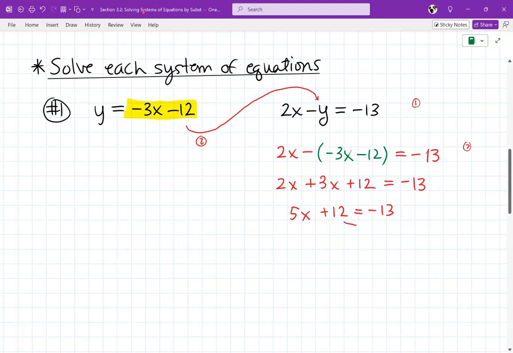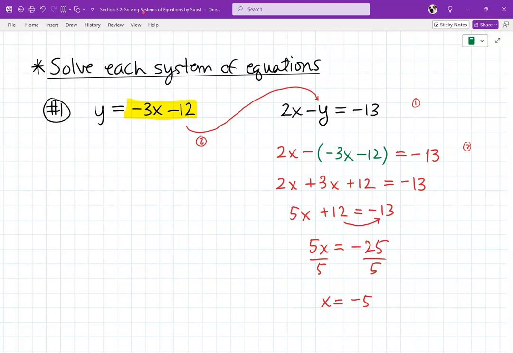I'm going to move the 12 over. So that's 5x is equal to negative 25. If I divide both sides by 5, I get that x is equal to negative 5. Now I'm going to get that answer and plug it in to the other equation.